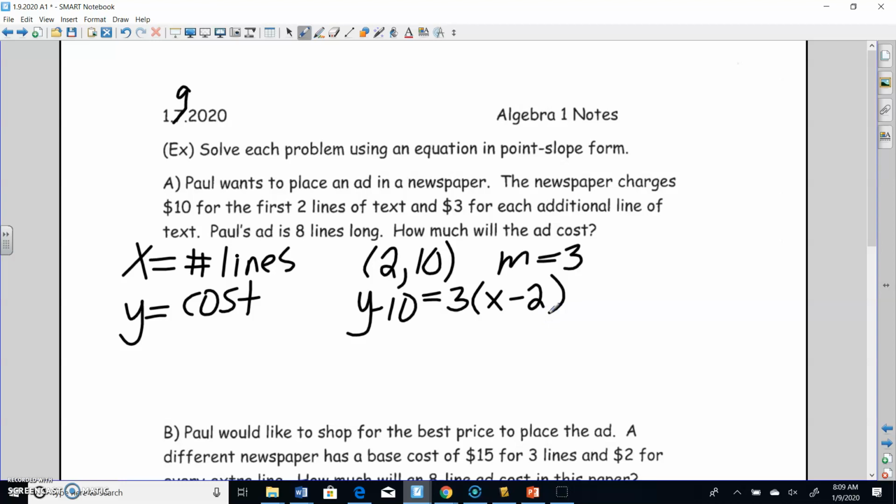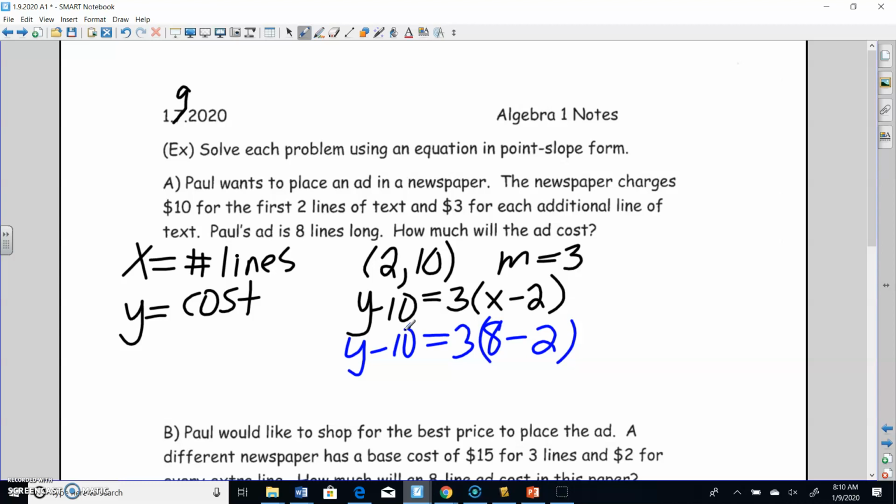And if we want to figure out how much 8 lines is going to cost, what are we going to plug 8 into? Lines is represented by which variable? x is the number of lines. So we're going to let x equal 8. So right here I'm going to put 8. And then I'm going to use order of operations and solving equations to help me figure out what the cost is.